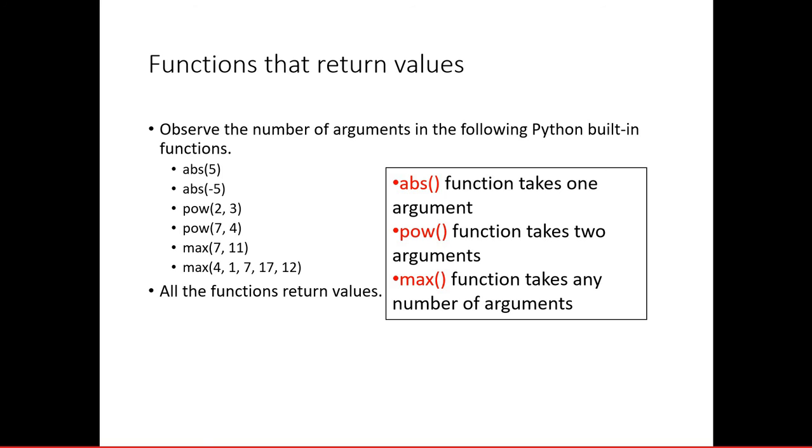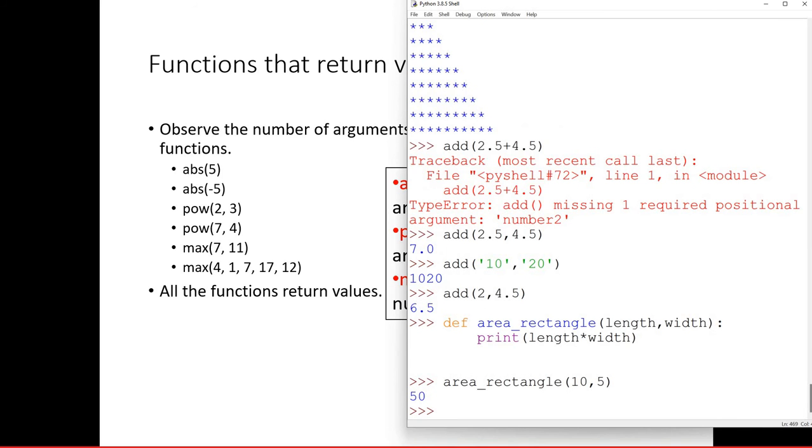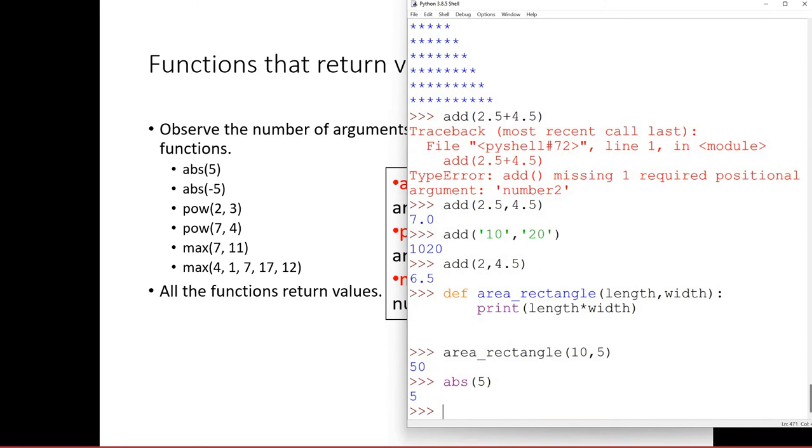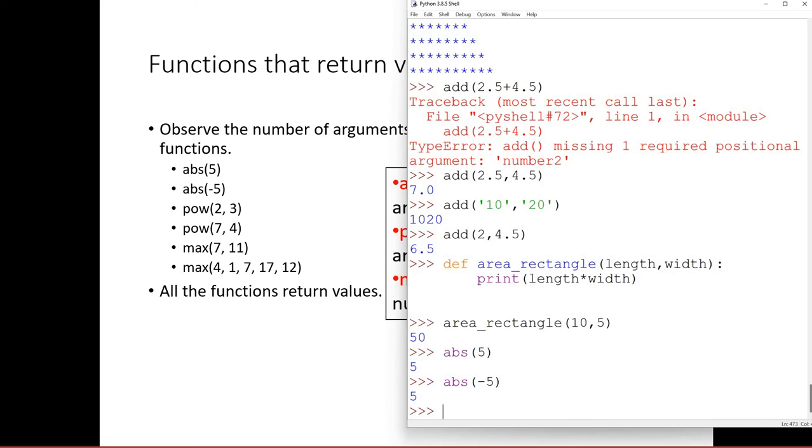The idea is, when we have ABS and let's say 5, it will give you 5. But if you say ABS minus 5, it gives us 5, meaning the absolute value of the number.